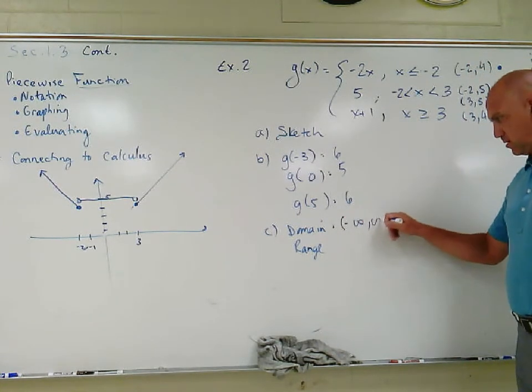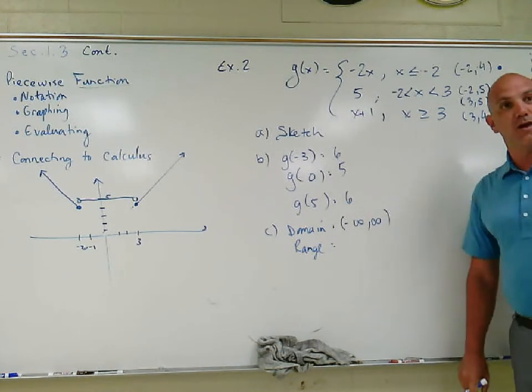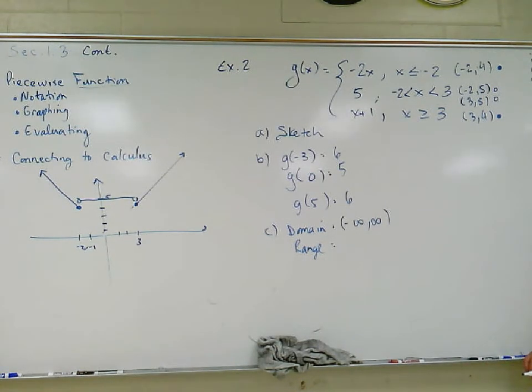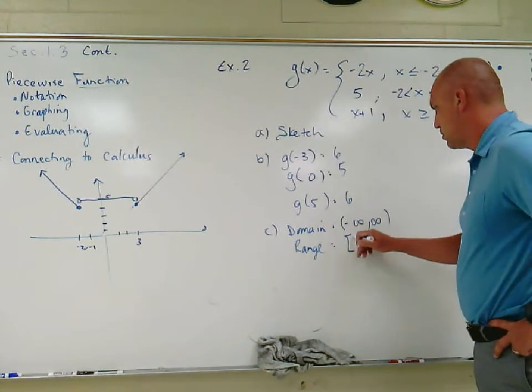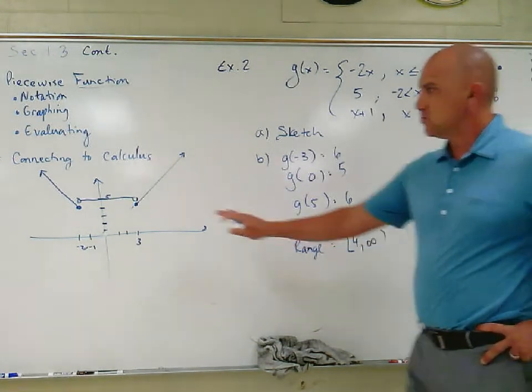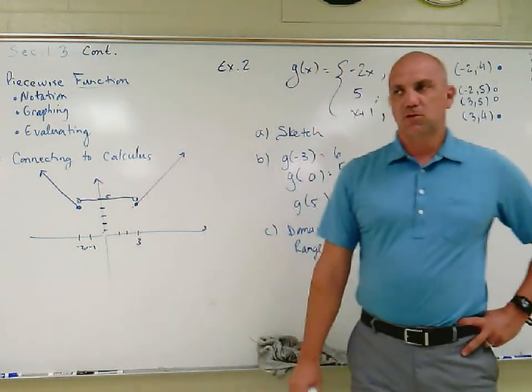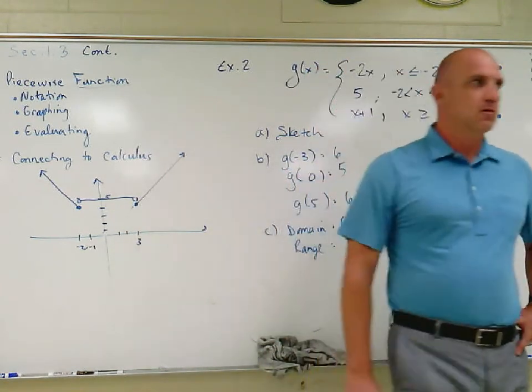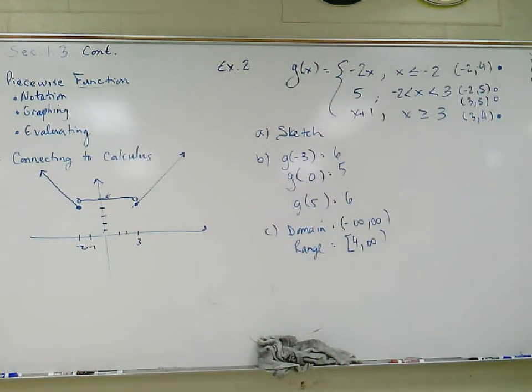Negative infinity to infinity. Very good. What's the range? This one's not as easy, you've got to look a little bit, right? 4 to infinity. Everybody see that? Because 4 is the lowest it goes. Very good.